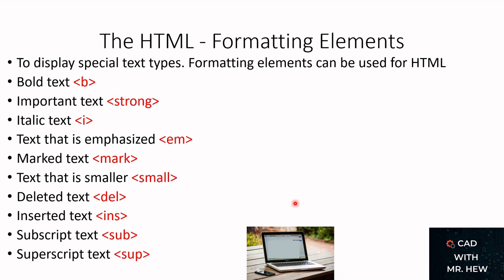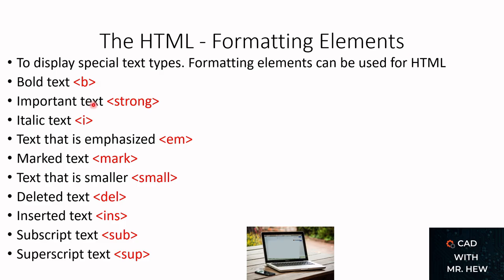All right, HTML formatting elements. To display special text types, formatting elements can be used in HTML. Here, to bold the text, we can use the left angle bracket B and the right angle bracket, right?